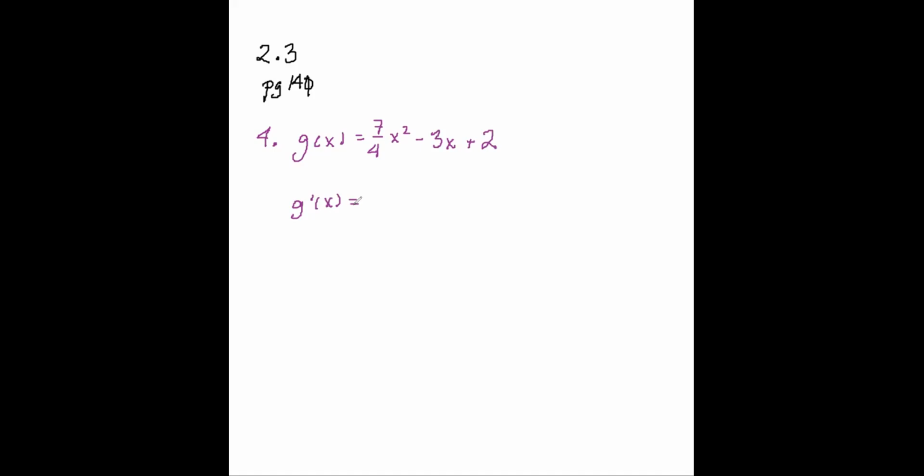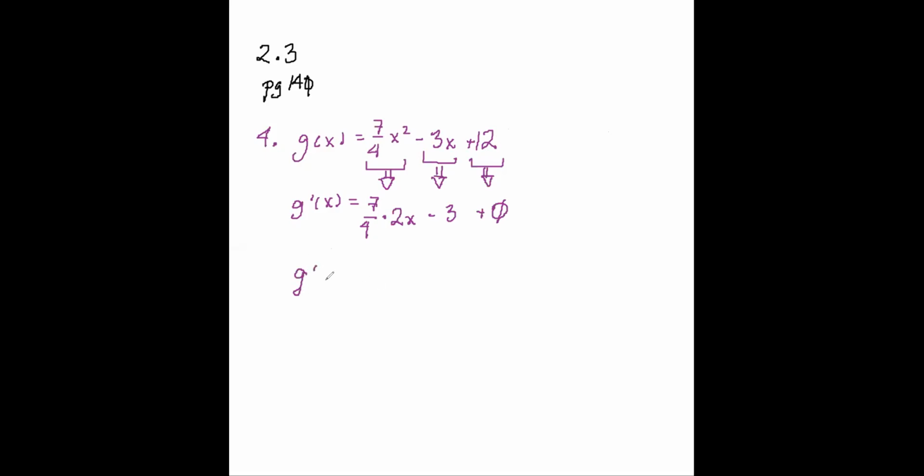Yep, it's just sums. So all we're going to do is take the derivative of this and bring it on down, and add it to the derivative of this and the derivative of this. It's actually 12. So this is going to be 7 over 4 times 2x minus 3 plus 0, because the derivative of just any regular old number is going to be 0.